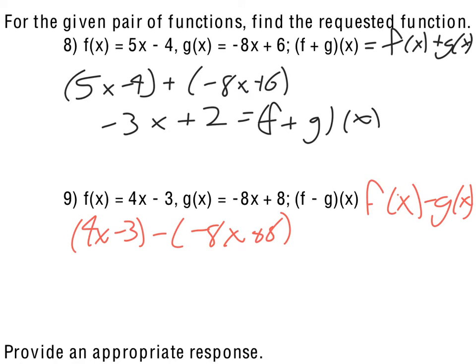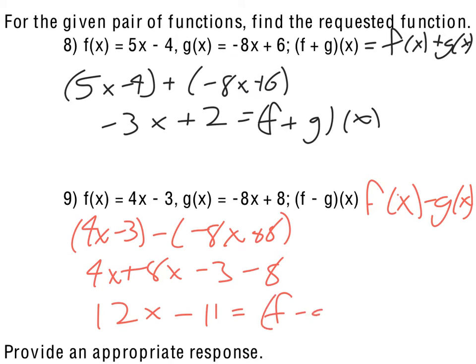So 4x, and this would really be plus 8x, and a minus 3 minus 8. So we end up with 12x minus 11. So that's what f minus g of x equals.